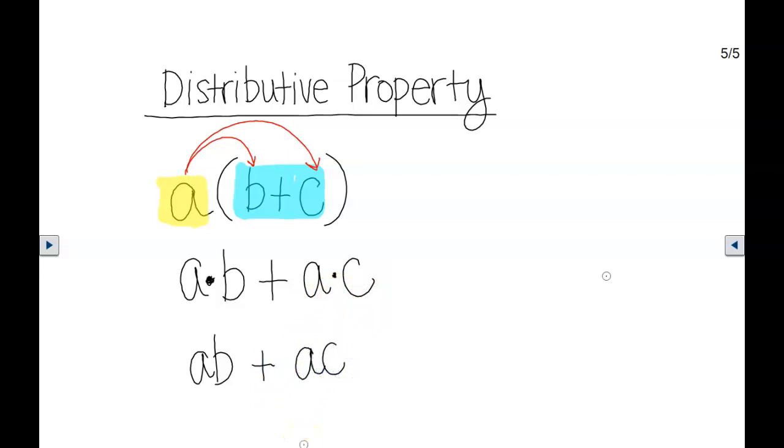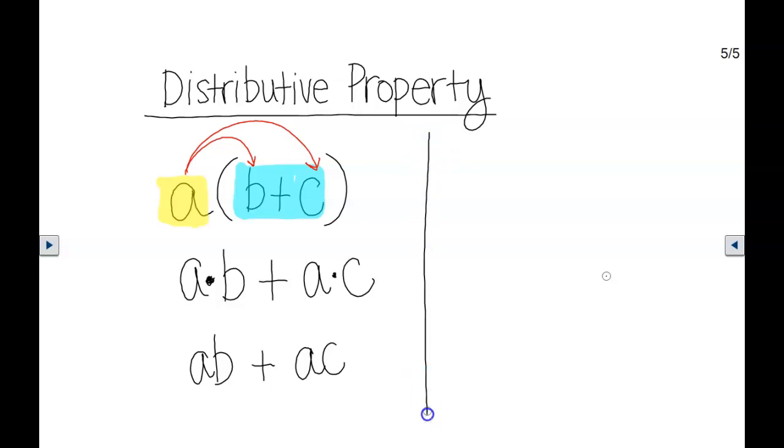So this is one type of problem where distributive will work, when you're multiplying a number times an entire group that contains addition. And distributive tells you to multiply that number outside by each member of the group inside. Just like in class, if I distributed papers, each member of the class would get a piece of paper.